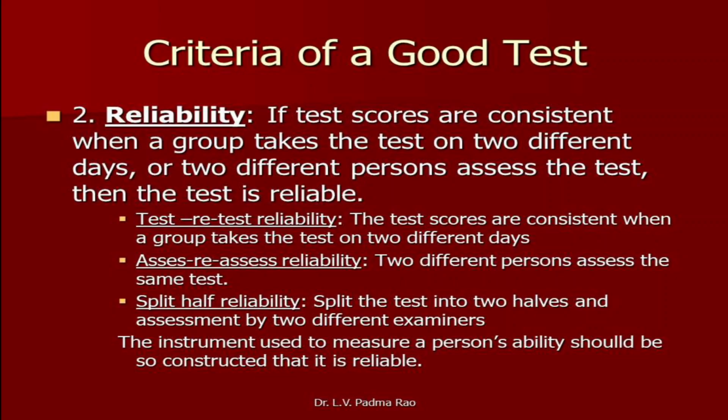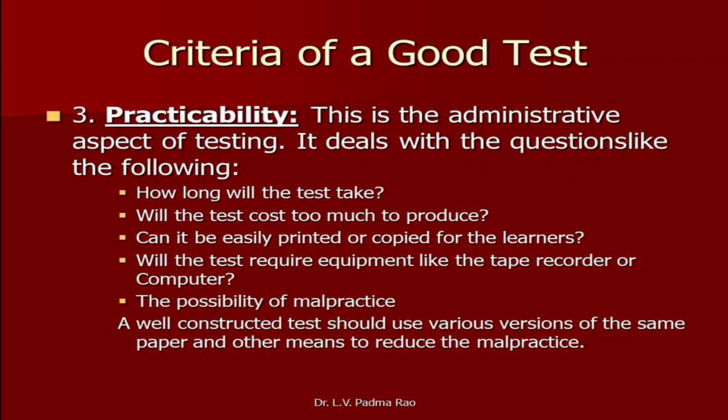Sometimes split-half reliability also could be a type of reliability, which means splitting the test into two halves, with one half assessed by one examiner and the other half by another examiner, and then finding out the reliability of it. The instrument used to measure a person's ability should be so constructed that it is absolutely reliable.